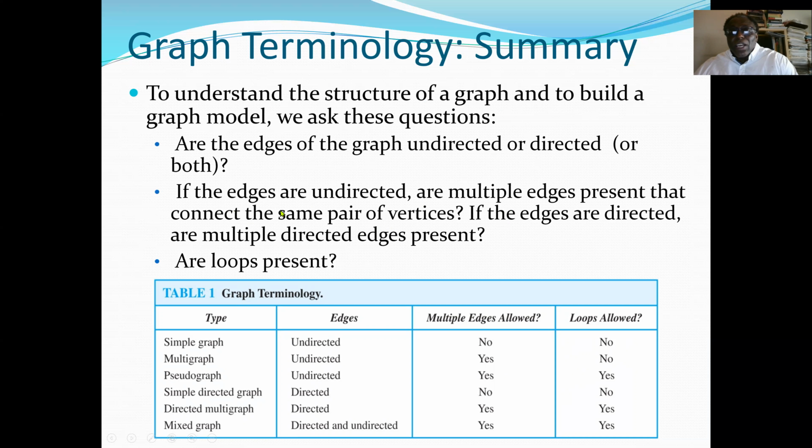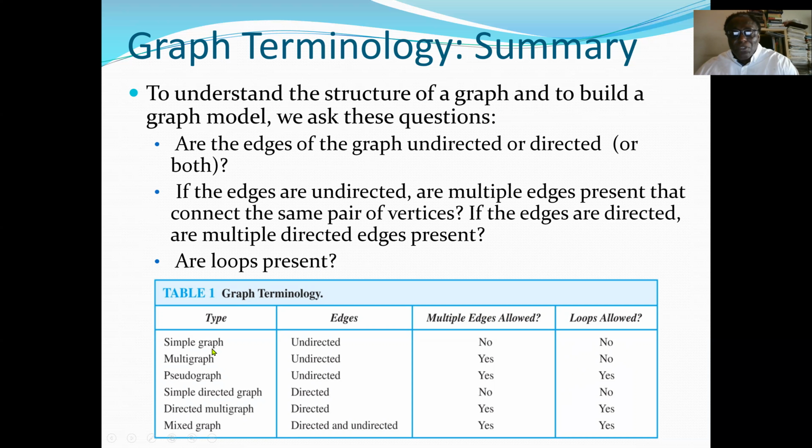If the edges are undirected, are multiple edges present that connect the same pair of vertices? Next, if the edges are directed, are multiple directed edges present? Also, we want to know if there are any loops.